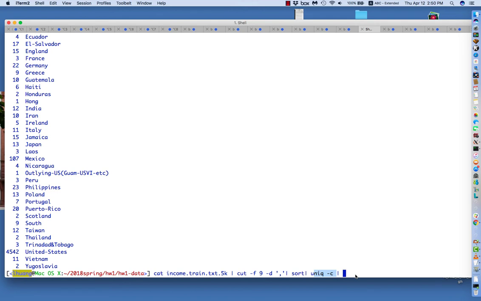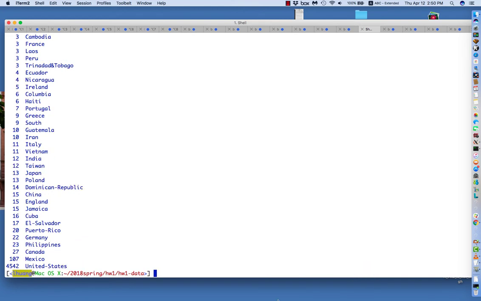Okay, so where are we? sort nk1. Okay, the vast majority is United States origin. Because we have 5,000 people, only less than 500 are from other countries.